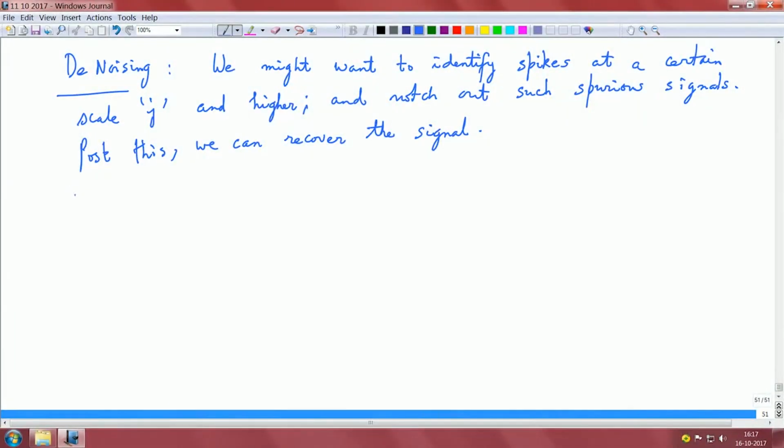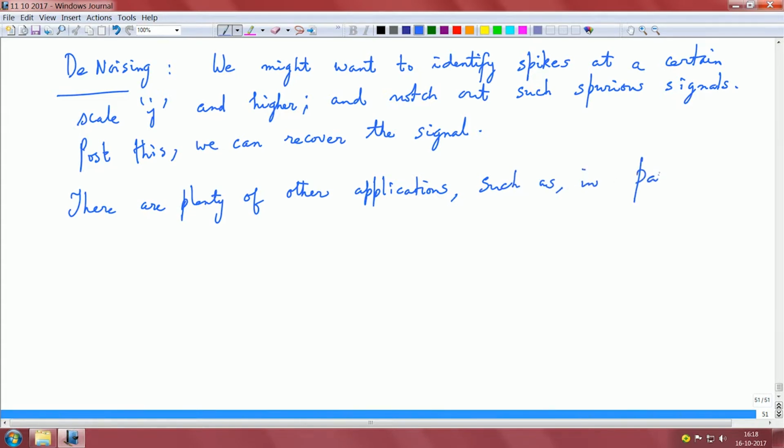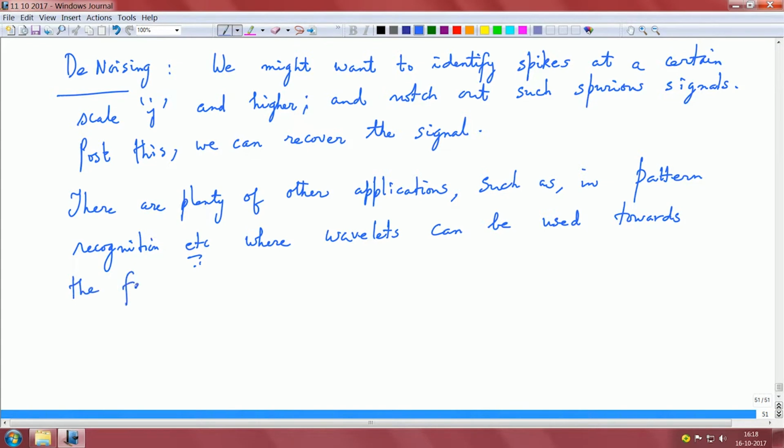And I would also suggest that there are plenty of other applications such as in pattern recognition, etc., where wavelets can be used towards the feature extraction step.